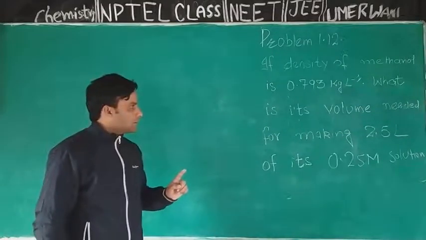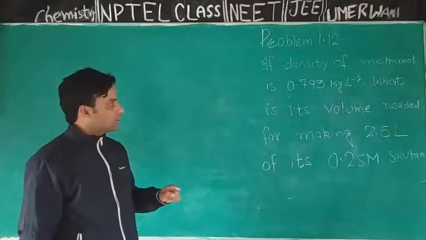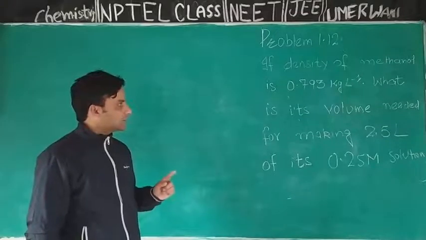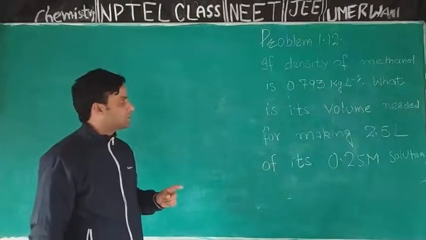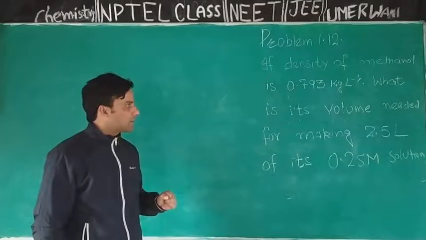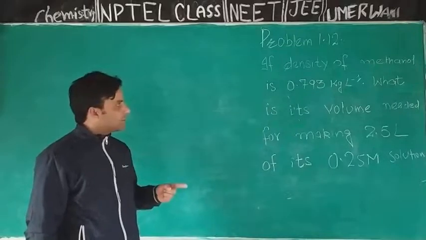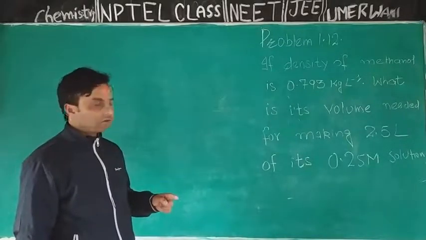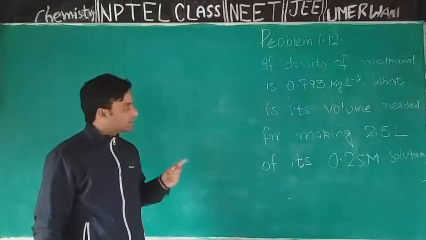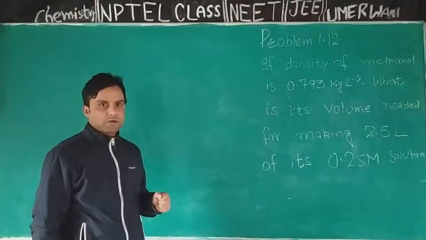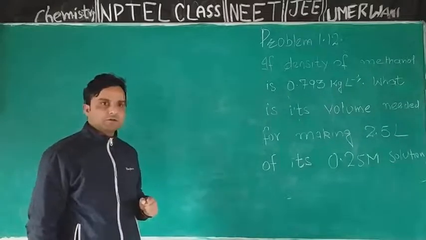Approach one is that in first step we will calculate weight of methanol that is needed to prepare its 0.25 molar solution in 2.5 liters, and in next step we will convert this weight into its volume using formula of density, that density is equal to mass per unit volume.